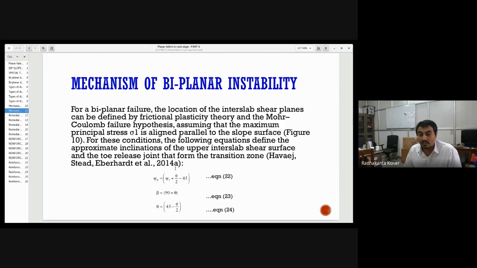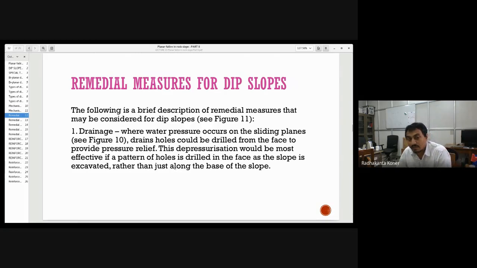Along with that, this drain will effectively channelize the depressurization in the slope. So in that sense, drainage will help us enhance slope stability by reducing the active stress.